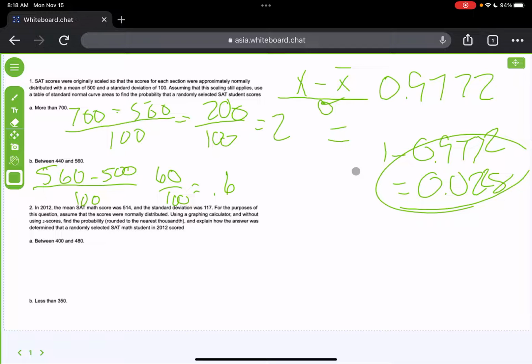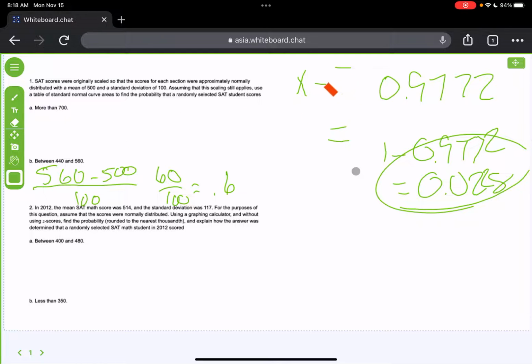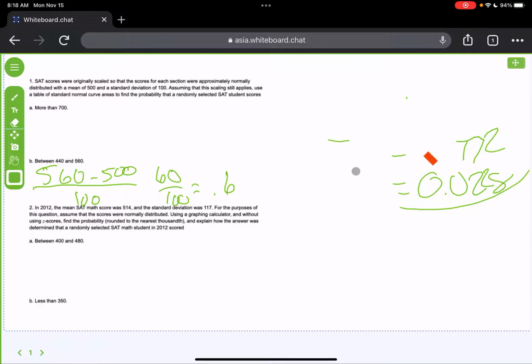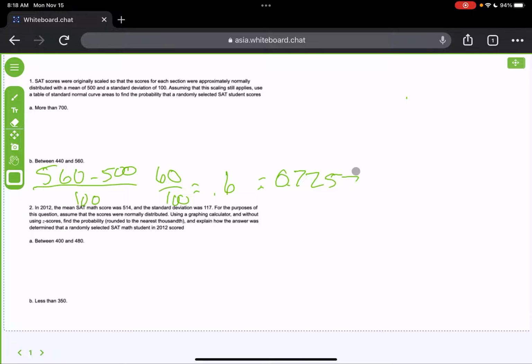And if you go to the Z chart, okay, I'll go ahead and erase this stuff. If I go to the Z chart and find that, it will have 0.7257. So the probability is 0.7257. Alright? Now I'm going to hop up here and do 440.